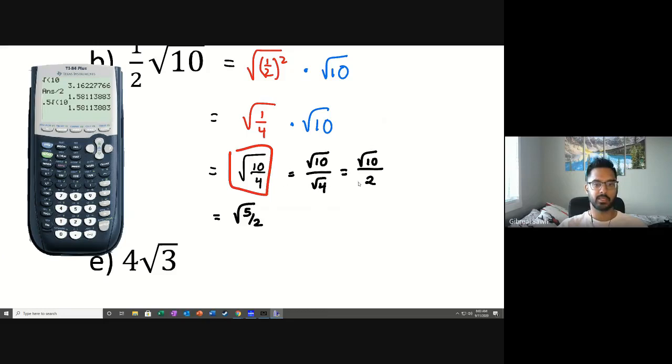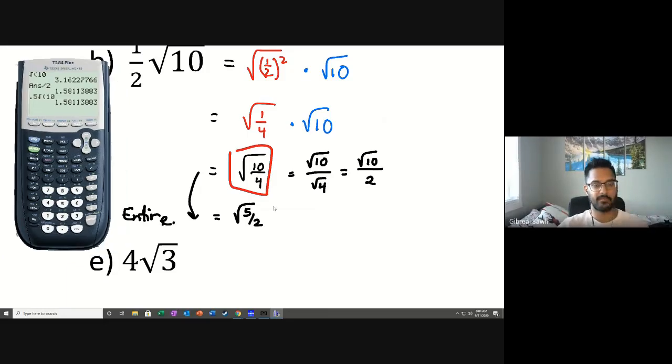If we keep going and simplify like I did, essentially it's the exact same form as the first one, just with the 2 written as a fraction underneath. So you can simplify it that way, and then you get into your infinite circle loop. If you're asked for that entire radical, this is it right there. So that's your entire. It depends on the context you're asked, so be very careful of what your question is.